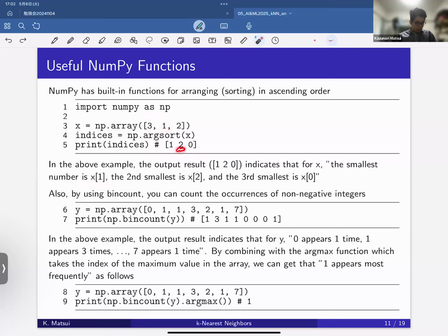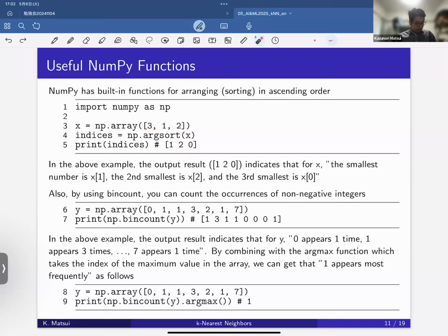The second smallest number is at index 2. So 0, 1, 2, x2 is here, which is 2 in our array. And the largest number is at index 0, which is 3.